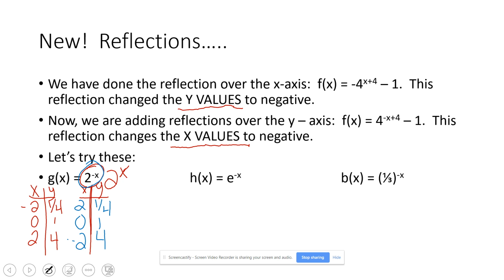If I go ahead and sketch a graph, I'm going to put the maroon for our parent function, so -2, 1/4, 0, 1, and 2, 4. Parent function then will look like this.